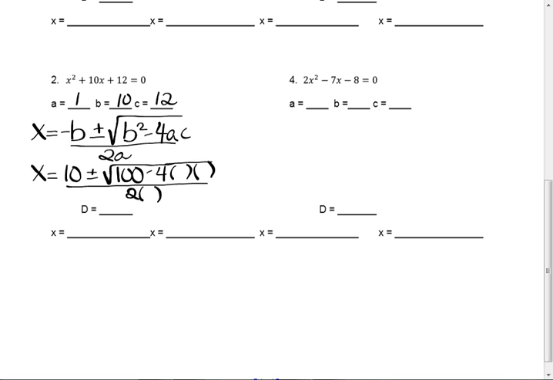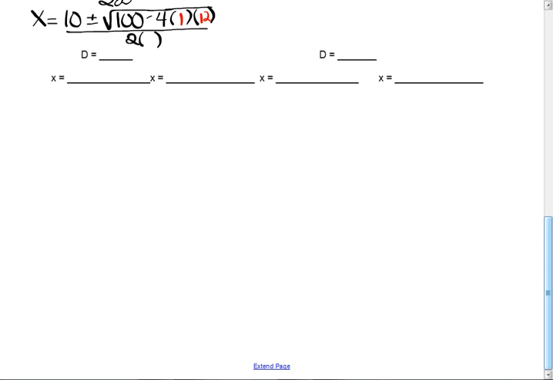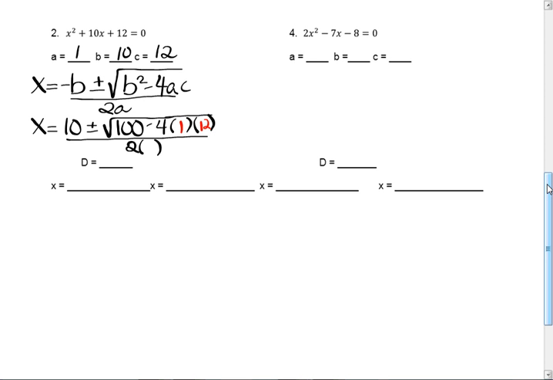And I know it. Now, what are you going to put in for a? 1. What's c? 12. Okay, so I get x equals, this is just arithmetic, you guys, minus 10 plus or minus the square root of 100 minus 48.